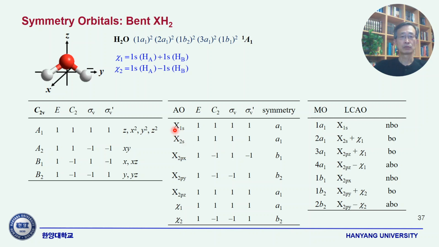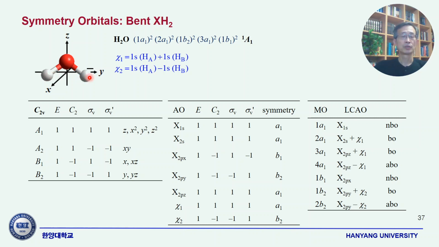This is how we denote the electron configuration of the oxygen atom in general chemistry. But the 1s orbitals on HA and HB, by themselves, are not symmetric at all, or antisymmetric either.